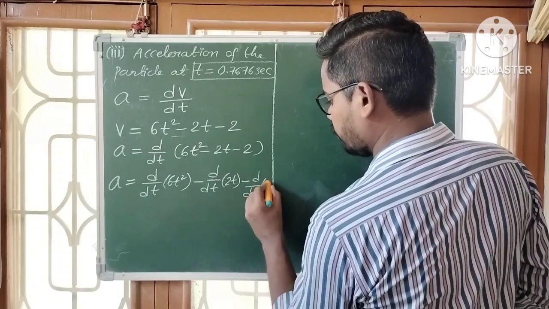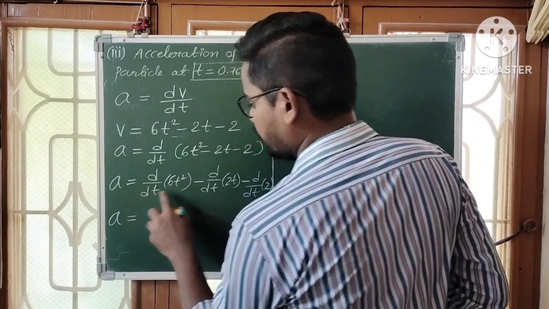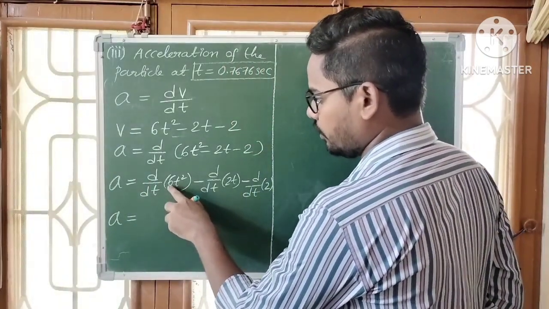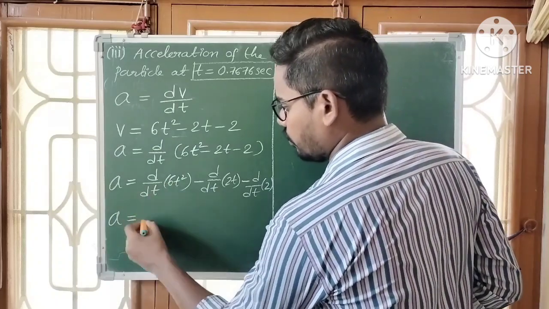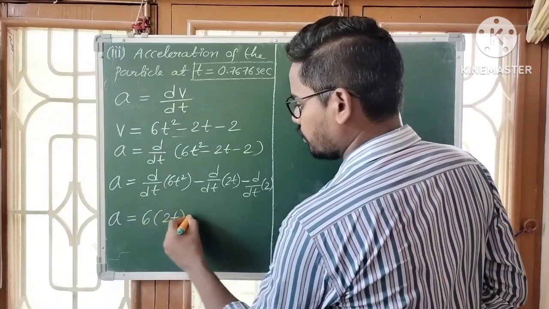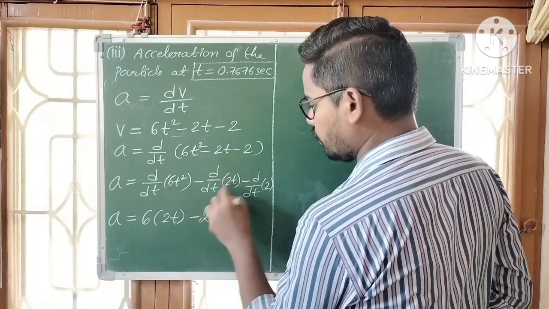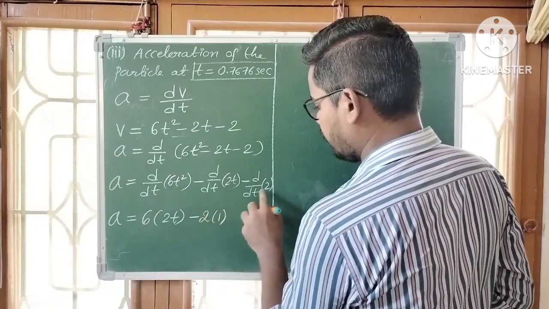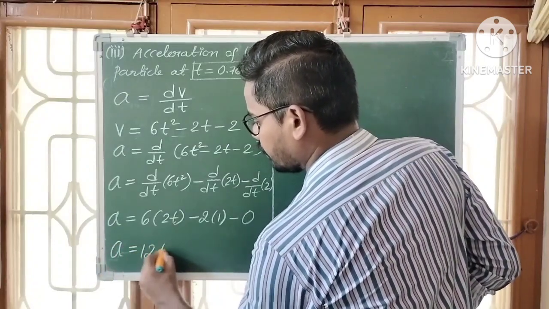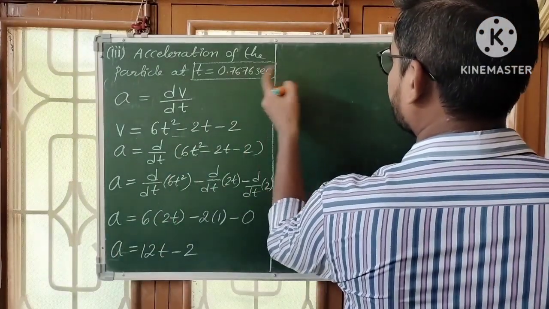So apply derivative formulas. d by dt of 6t square: here we have the product of a constant and a variable function, so take the constant out of the derivative. d by dt of t square is equal to 2t, minus d by dt of a product of constant and variable, take out the constant, derivative of t is 1, derivative of a constant is 0. So acceleration is equal to how much? 12t minus 2. We have to find acceleration at 0.7676 seconds.